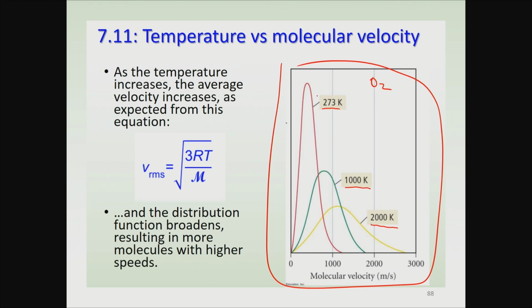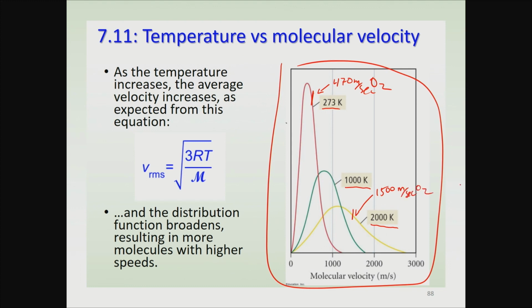So here at 273 Kelvin, if it's at 0 degrees Celsius, I'm making a guess here, maybe it's about 470 meters per second. But if you increase the temperature of the gas all the way out to 2,000 degrees Kelvin, then the root mean squared velocity of the gas is going to be a lot higher than that. It looks like it's going to be about 1,500 meters per second. And again, this is also for the same gas, oxygen.